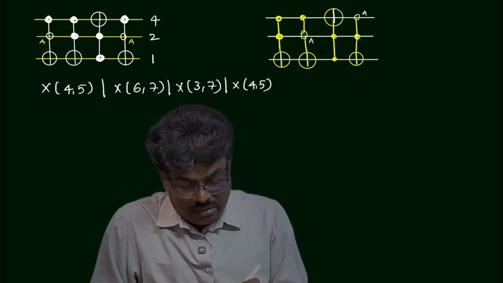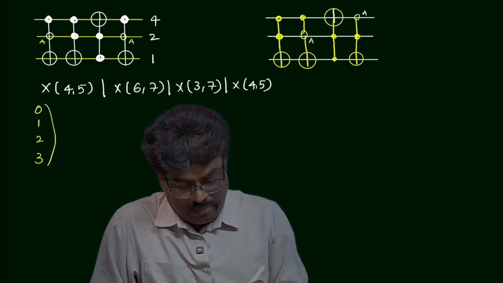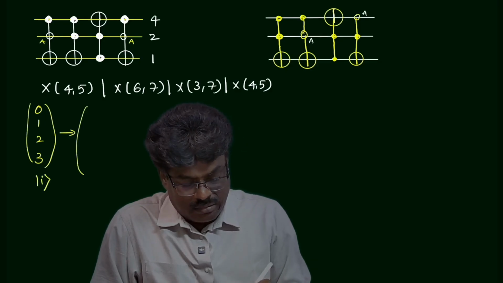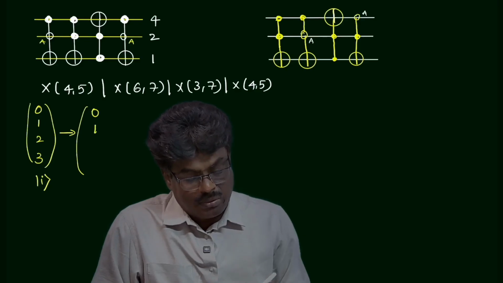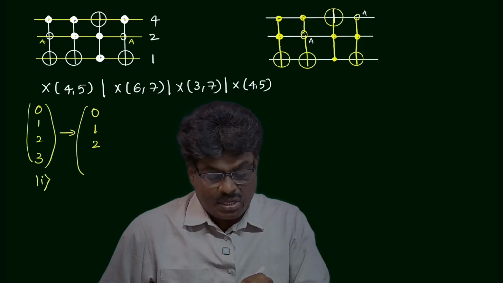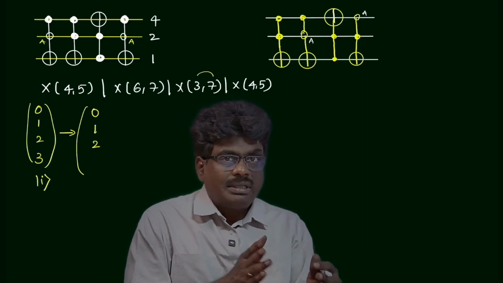So here 0, 1, 2, 3. If this is the initial state, so 0 no change, 1 no change and 2 also no change, but 3. So please check the operations from left to right. 3 here, 3 to 7, but after that there is no 7.